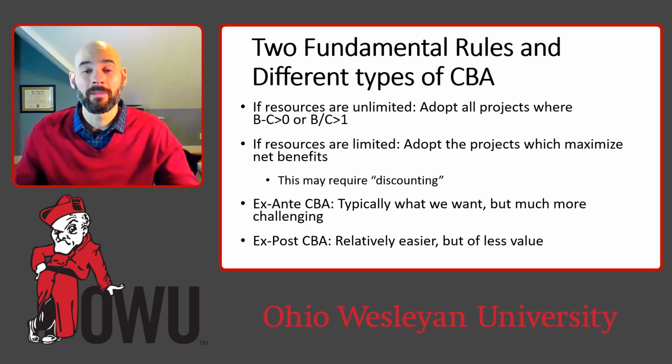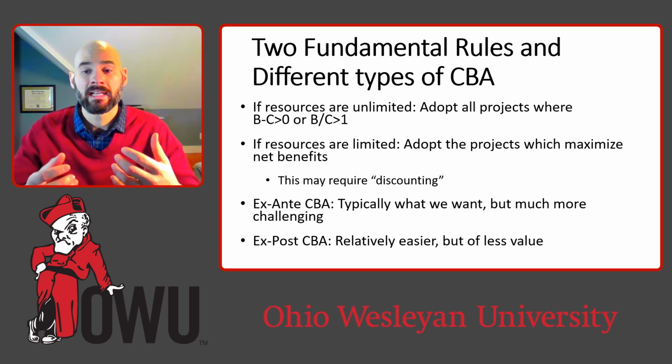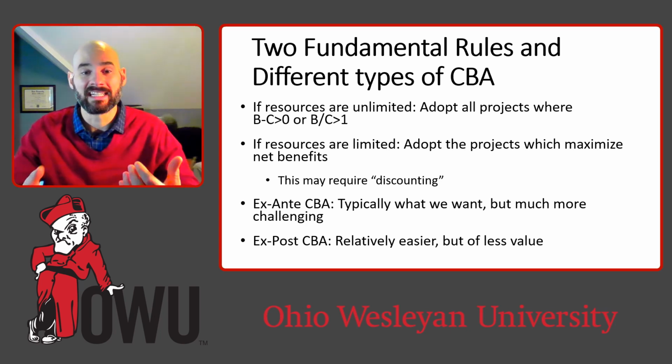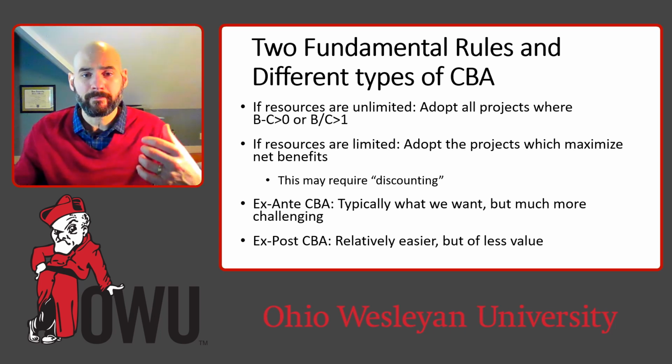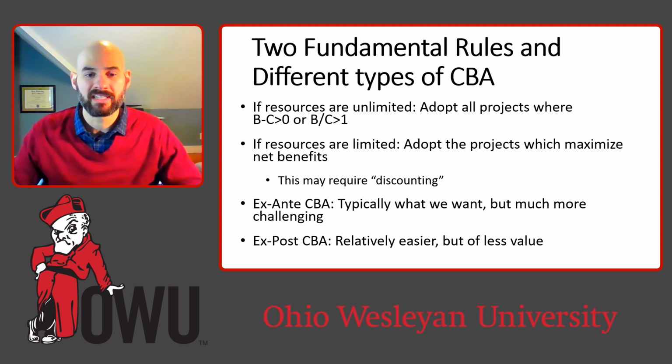Now, when resources are limited, then we have to weigh projects against other projects and adopt only those which are going to be the most efficient use of our resources, and adopt those which maximize net benefits. And so this may require discounting, which we'll talk about next week.